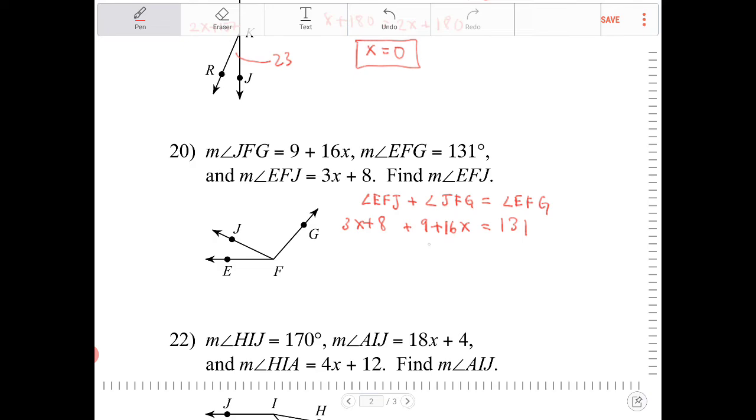Combine like terms, I get 19x plus 17 is equal to 131. Subtract both sides by 17, I end up with 19x is equal to, what is that? 124? No, 114.